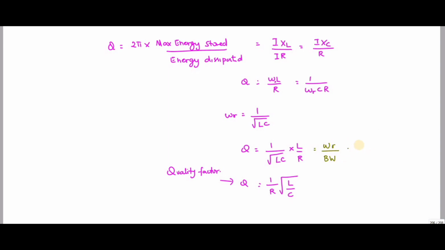So this is nothing but omega R divided by omega 2 minus omega 1. This I can also write as F divided by F2 minus F1, which is the bandwidth. Like this also you can write.